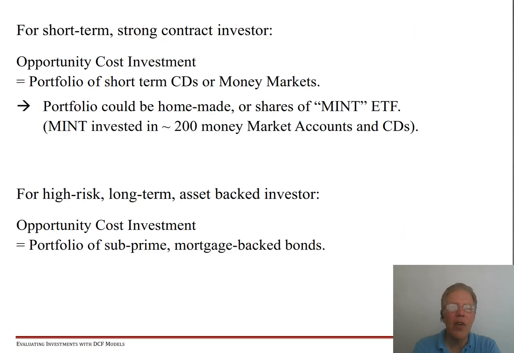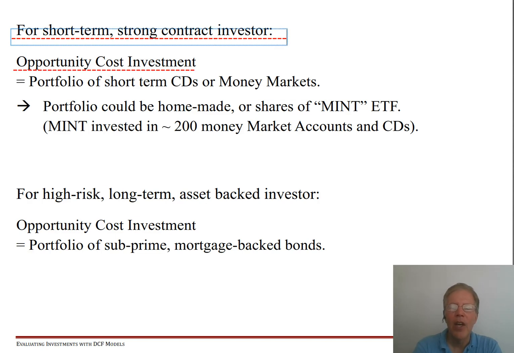Okay, so now let's go back to examples of opportunity cost investments. So for our short-term strong contract investor, who wanted to invest in very short-term stuff with very strong guarantees, the opportunity cost investment could be something like a portfolio of short-term CDs or money markets.